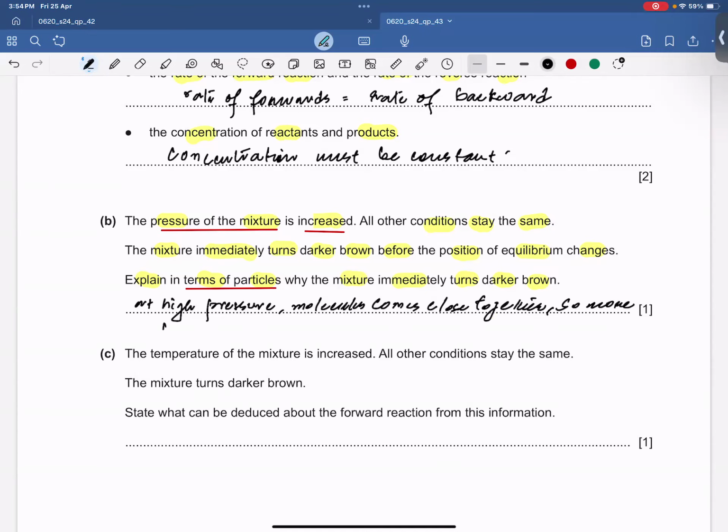So more nitrogen dioxide molecules are very crowded, because gaseous molecules are compressed.